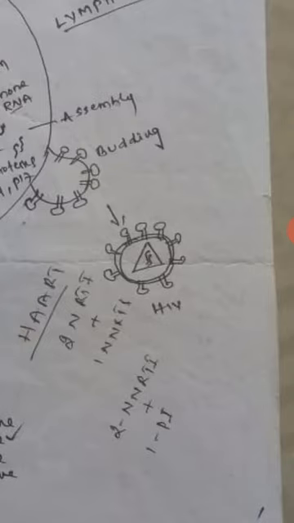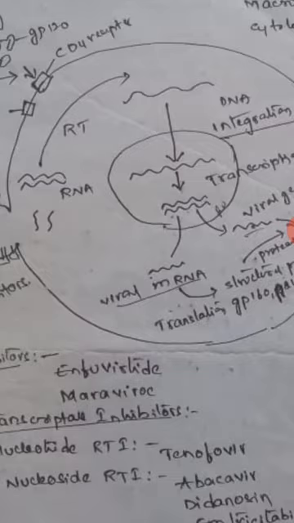This mature virion is capable of infecting other T lymphocytes, again binding to other healthy T lymphocytes, and the life cycle continues. This is the life cycle of HIV.